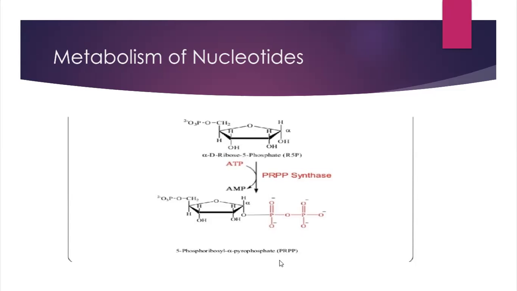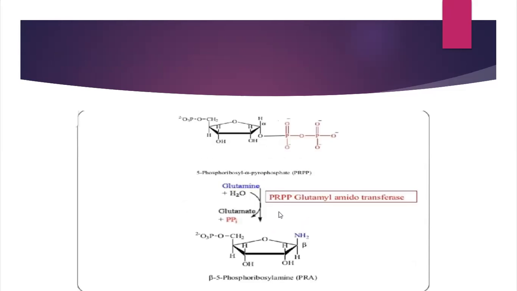In short form, we can say PRPP. Here the ATP is converted into AMP. Adenosine triphosphate is converted into adenosine monophosphate with the help of PRPP synthetase. This is the enzyme which converts ribose 5-phosphate into PRPP.